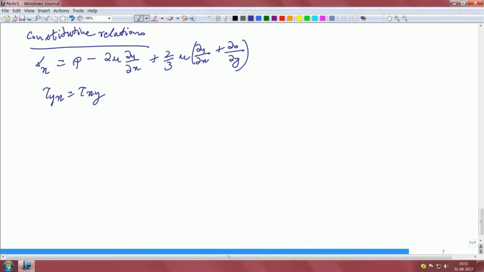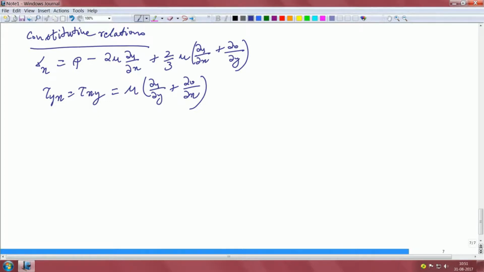This is the shear stress tensor. Now, you are all perhaps familiar with tensor notation, right. So, that is given by mu times du dy plus dv dx. So, these are the cross derivatives of the velocity. That is the change of u velocity in the y direction and the change of v velocity in the x direction, that is what it is, right.